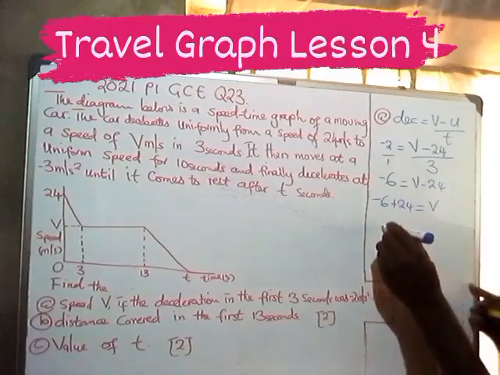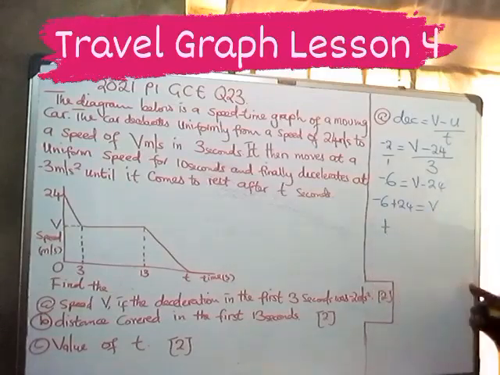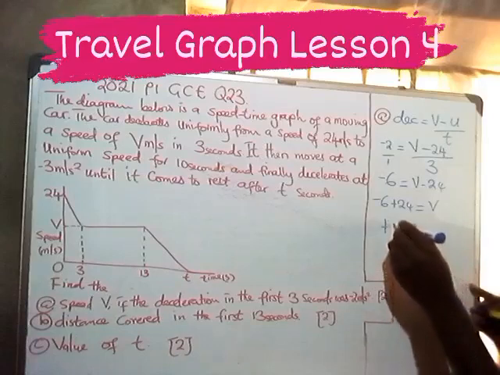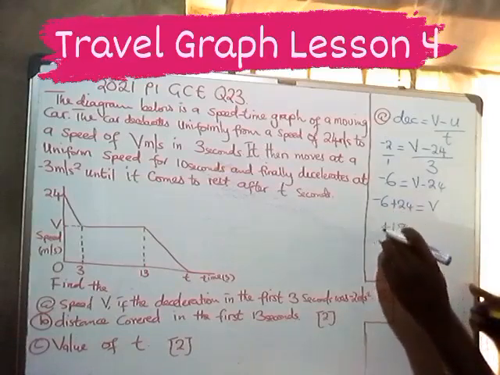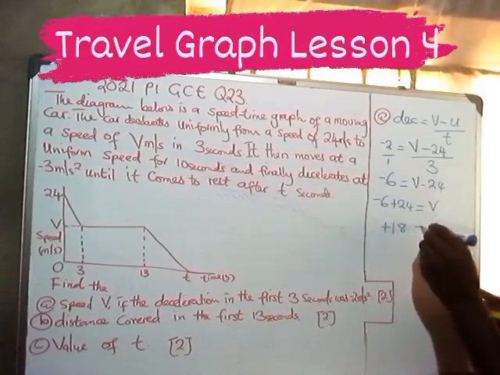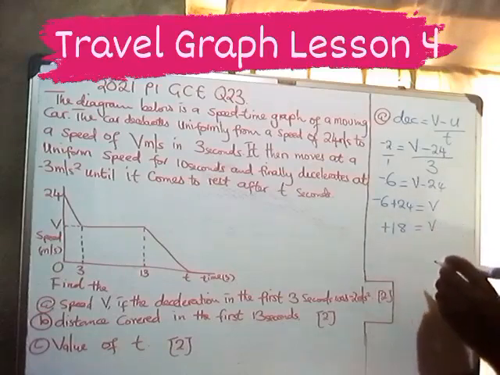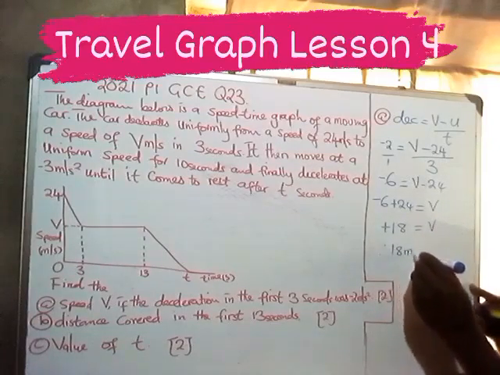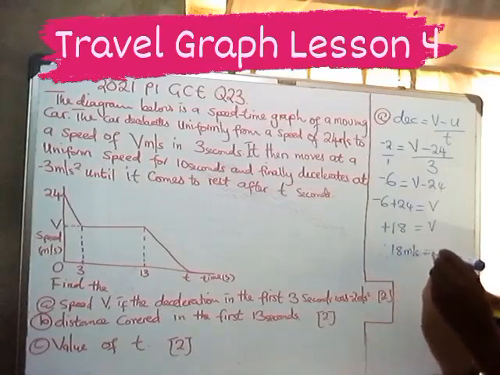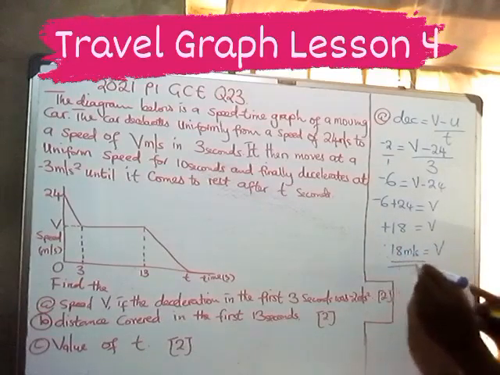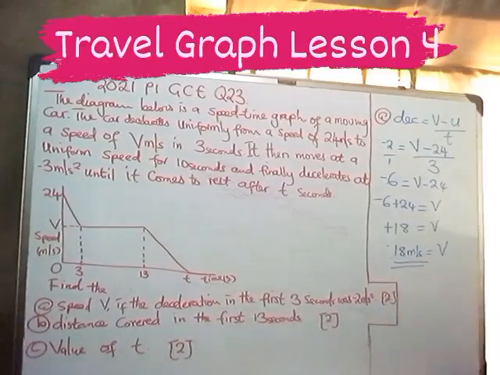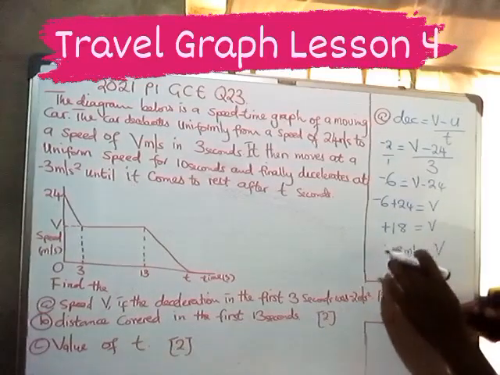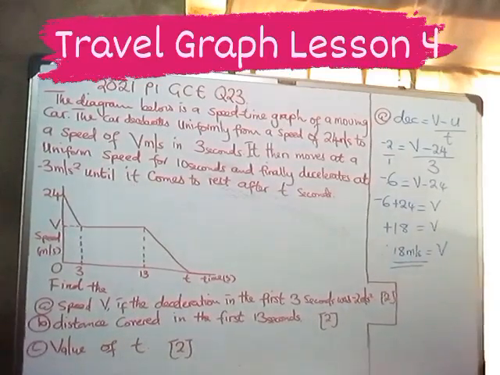So we get positive, then we subtract. What is 24 minus 6? We find that our answer is 18. So 18 is equal to v. Therefore, 18 meters per second is the value of v. So this question has been answered.